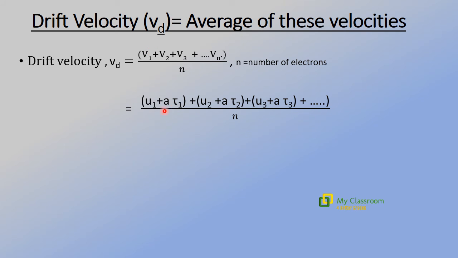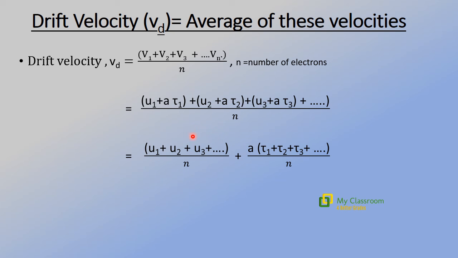Now from this equation we take all the u terms together and the τ terms together, so that the equation becomes like this. Now this term u1 plus u2 plus u3 plus etc. up to un divided by n is 0. That's because the electrons would be moving in a random manner initially, so the initial average velocity would be 0.